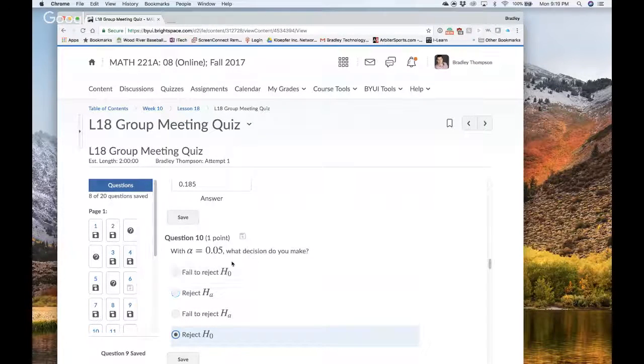I thought if it's greater than, we have more evidence, so you reject, and if it's less than, you fail to reject. That's how I finally tried to figure that out in my head. Is that wrong? I was thinking if it was under the alpha, then you were able to reject, and if it is higher, it's fail to reject.